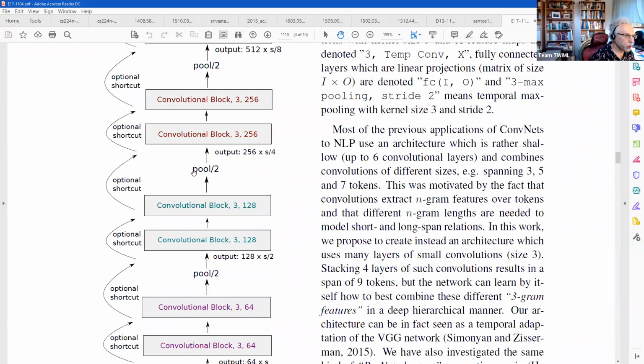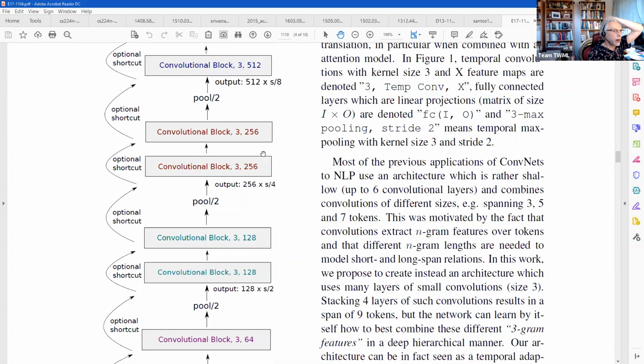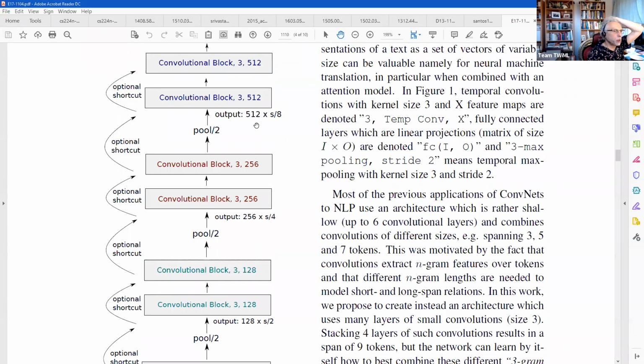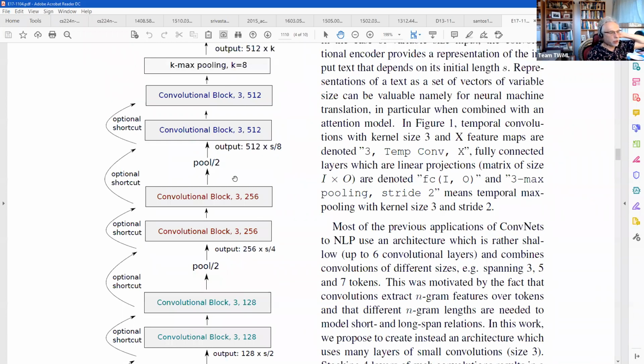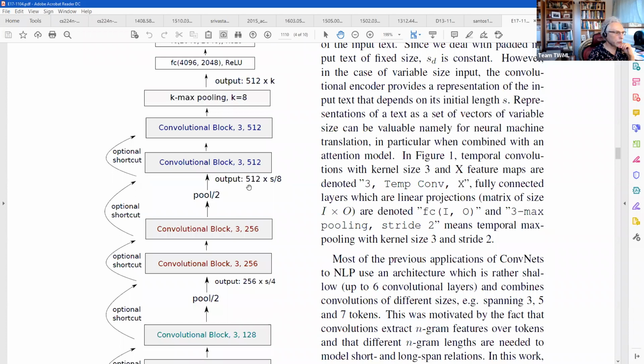Then average pooling, and now the output goes into this one and comes out and then gets averaged again. And so each time you get the same number of outputs, because it's still 64 times s. And again, the same thing by average pooling, 512 by s over 8, it's still the same number of outputs. So by these blocks followed by pooling layers, you're maintaining the same size. I guess that keeps the problem simpler.